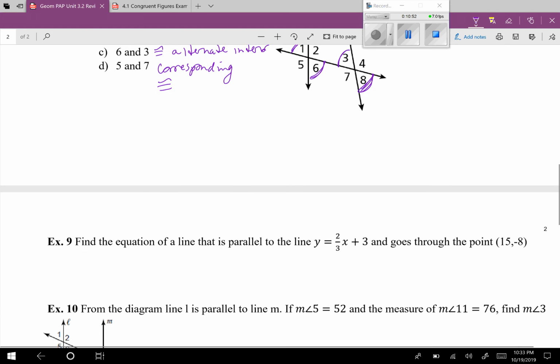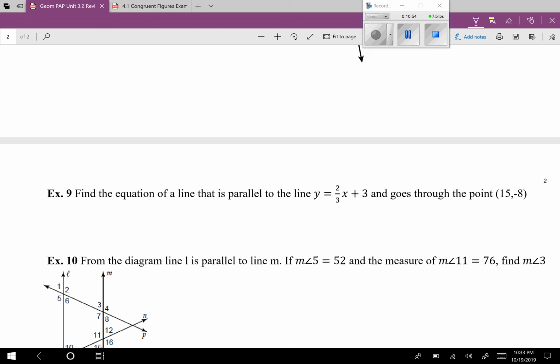Okay, next few here. It says find the equation of a line that is parallel to the line y equals 2/3 x plus 3 and goes through the point (15, negative 8). So parallel, we're going to keep our same slope. So we have y minus negative 8 equals 2/3 times x minus x1, which is 15.